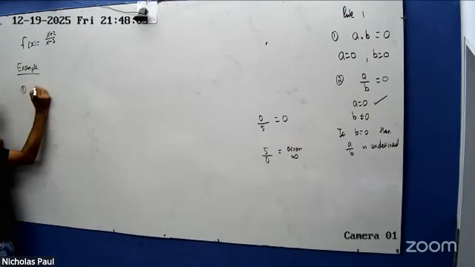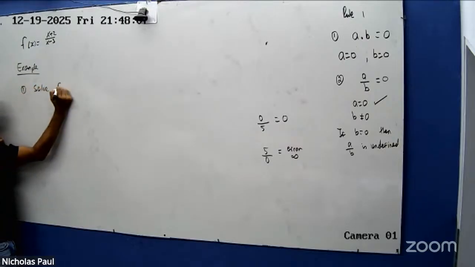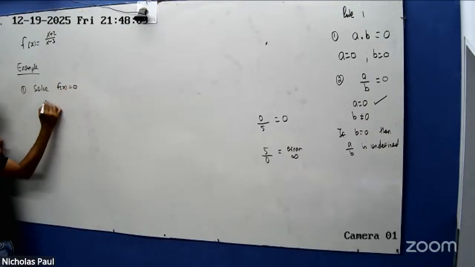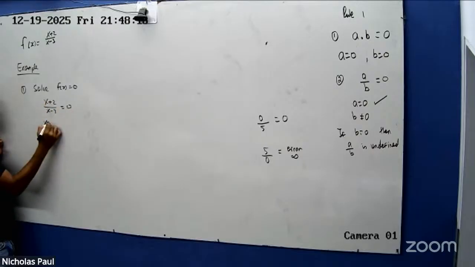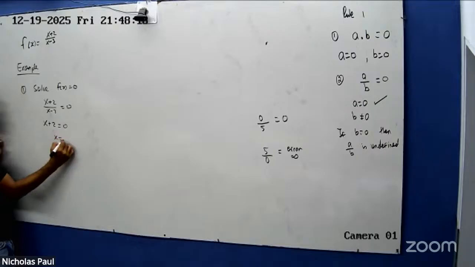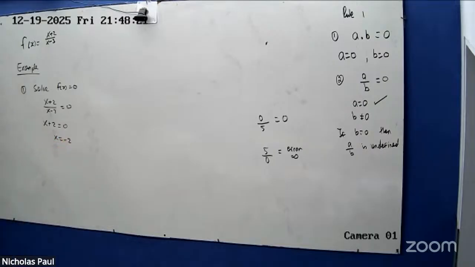Let's say they ask us to solve f of x equal to 0. So you have this. How do you solve a fraction equal to 0? Well, x plus 2 is 0, so x is minus 2.